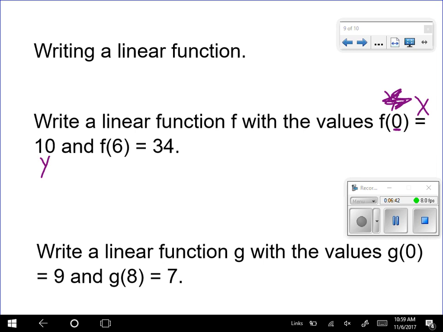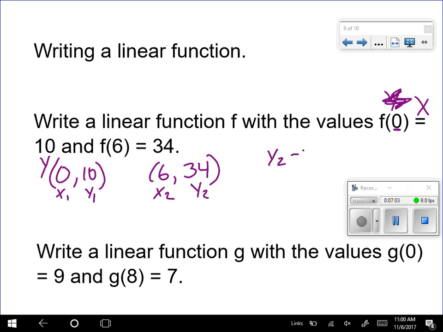So 0, 10 is our ordered pair. Same thing for f of 6 equals 34. You plugged 6 into the function, and you churned out 34. So these are our 2 points, and we can go back to x1, y1, x2, y2, and use our formula to find our slope.